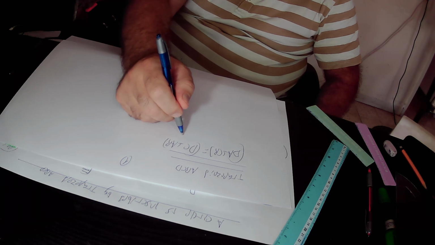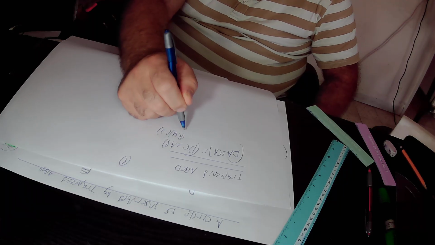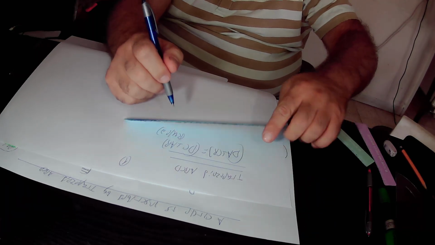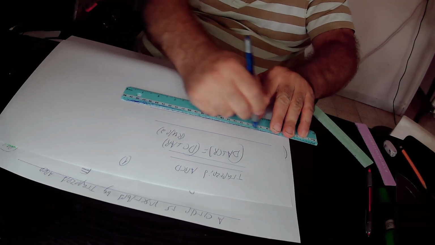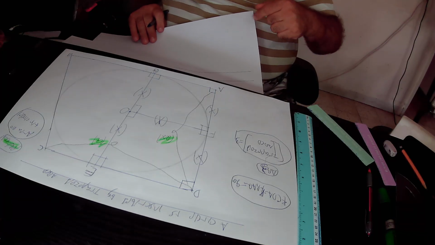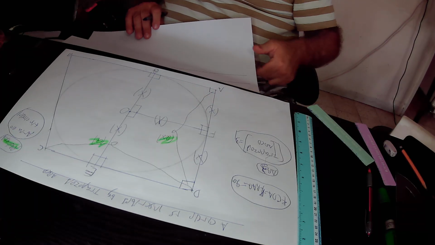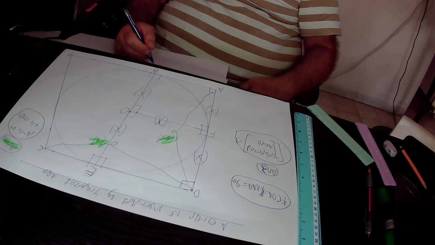This is true according to rule 2. DA equals 2x plus CB.